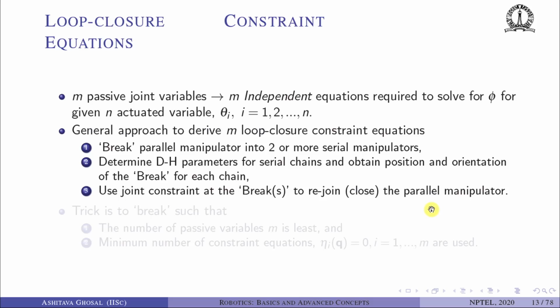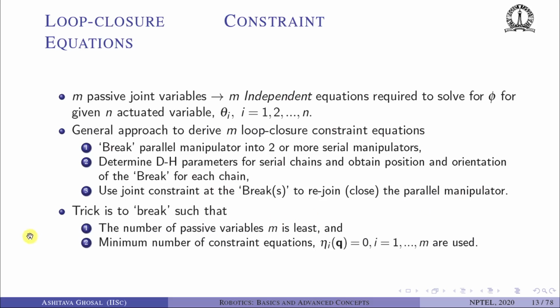So if you want to analyze what happens due to the break, we have to rejoin it somehow during the analysis process. The main trick is to break such that the number of passive variables m is least. I will show you some examples of how we can get different m's depending on how we break the mechanism or parallel robot into serial robots.